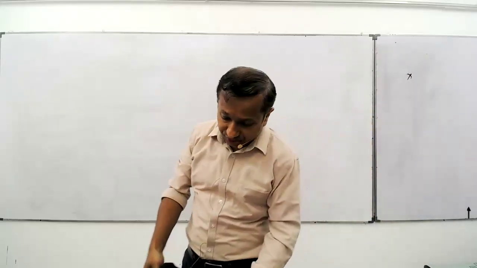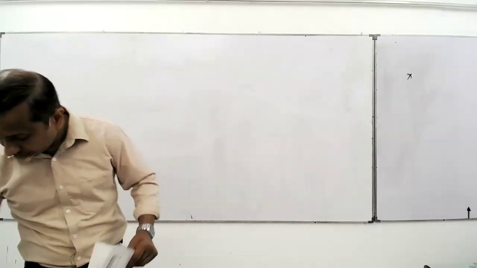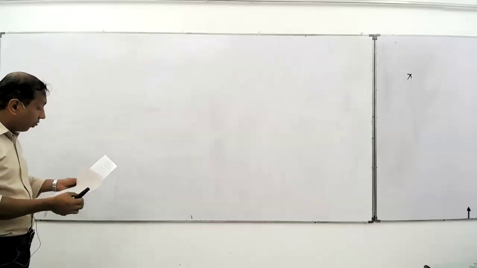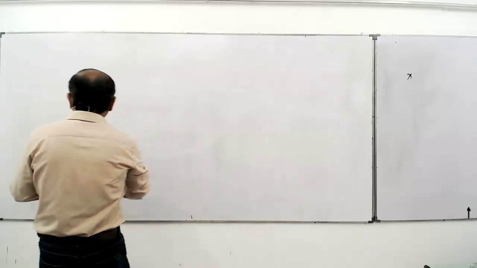Right. The question says something like this. Two straight parallel walls are at a distance A apart.